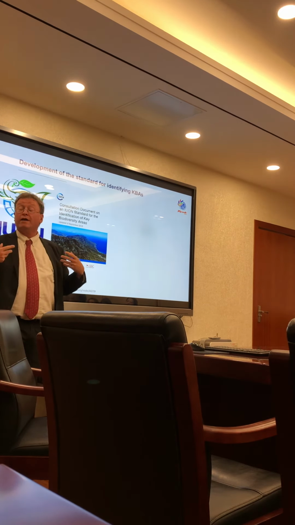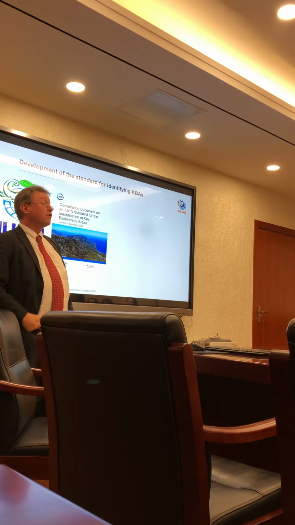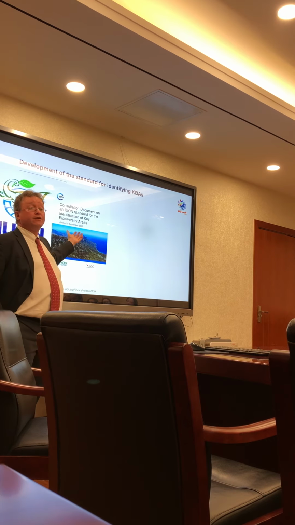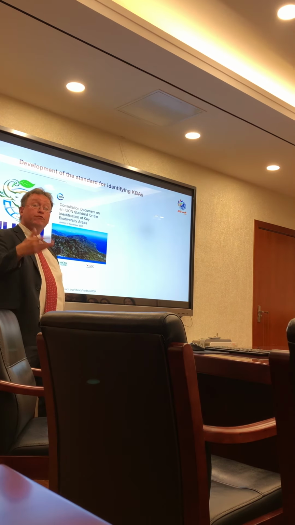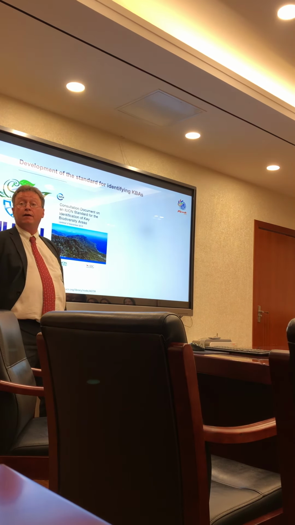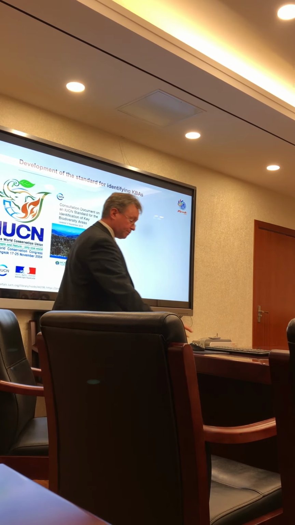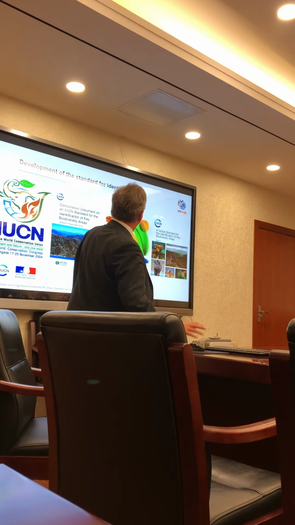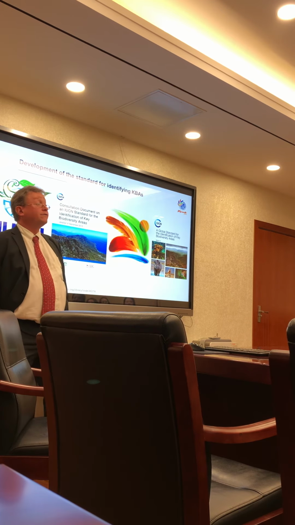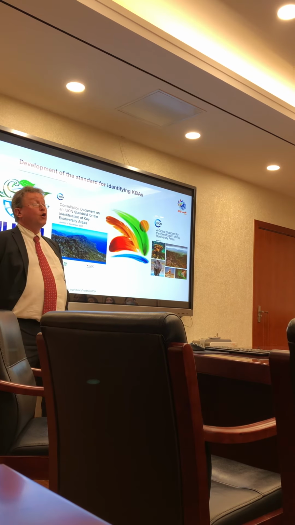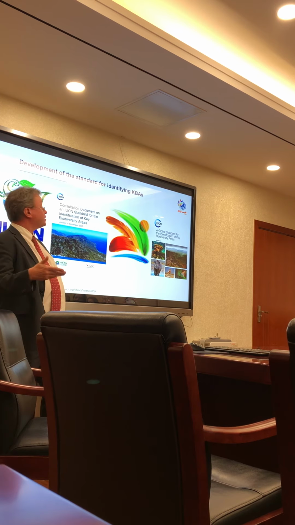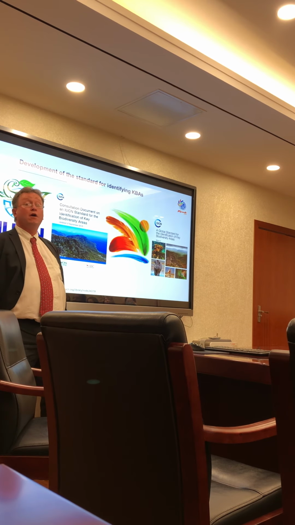So it took 12 years to run through a global consultation process that went through multiple rounds of open peer review with public responses to all of the peer review comments. And it finally led to the World Conservation Congress in Hawaii in 2016, where the global standard for identification of key biodiversity areas was launched.